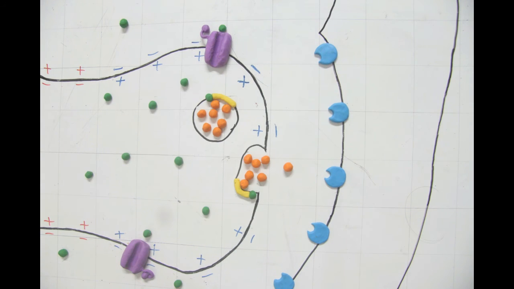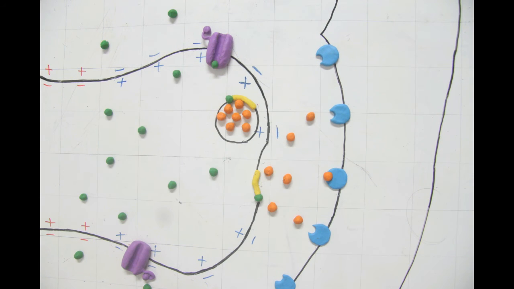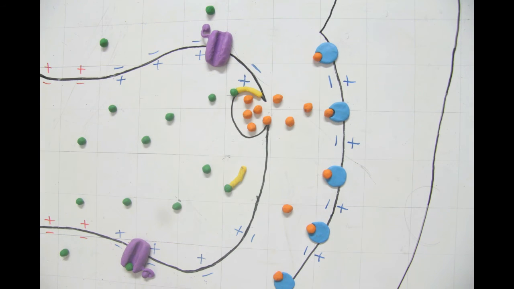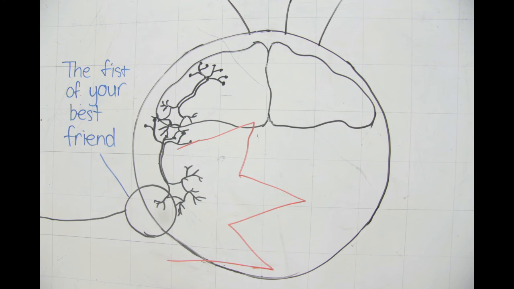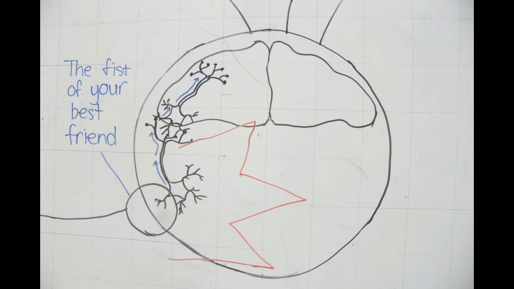As a result, the vesicles fuse with the membrane and release the neurotransmitters into the synaptic cleft. Some of them will bind to the chemical receptors on the postsynaptic neuron's membrane, which leads to an action potential in the postsynaptic neuron.